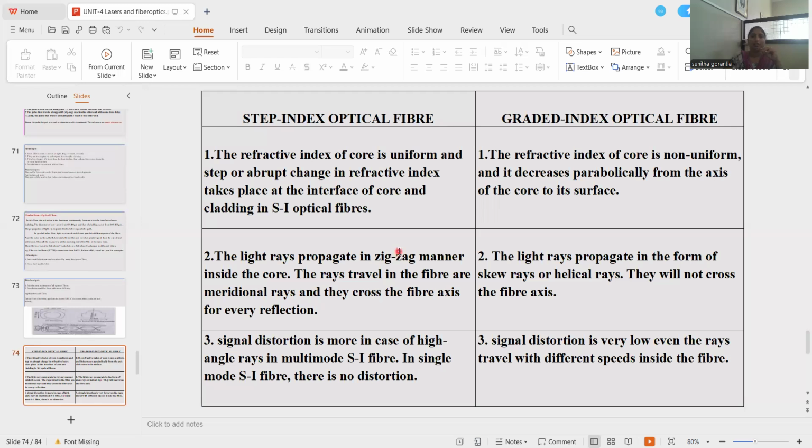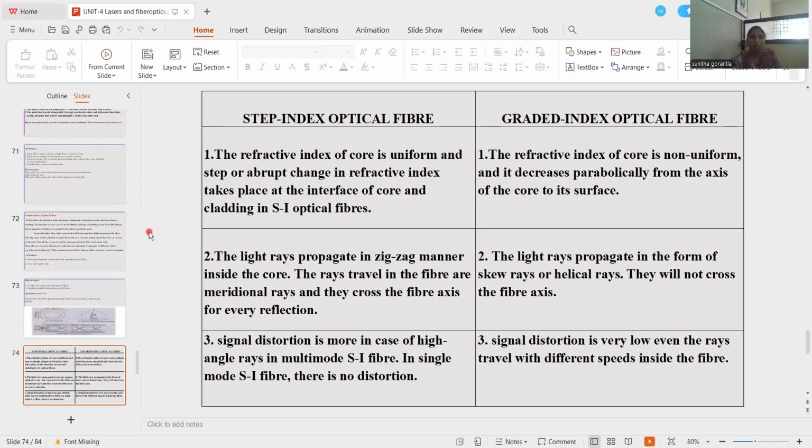Now, see the differences between the step index optical fiber and graded index optical fiber. First point: the refractive index of the core is uniform, and a step or abrupt change of refractive index takes place at the core-cladding interface in step index optical fiber. The core refractive index is the same throughout the core, and it decreases in the form of a step.